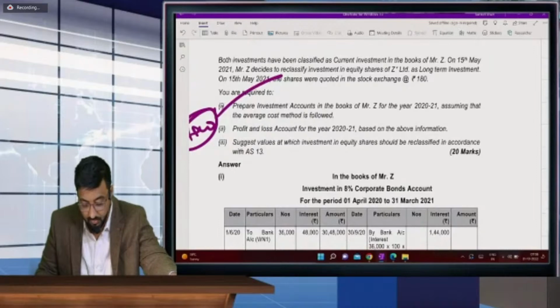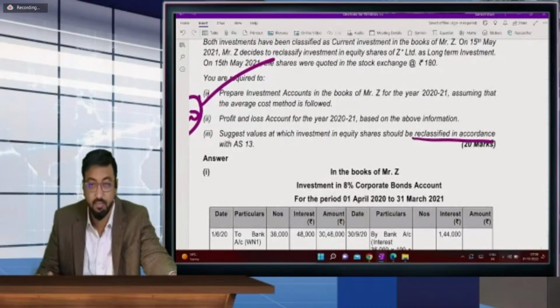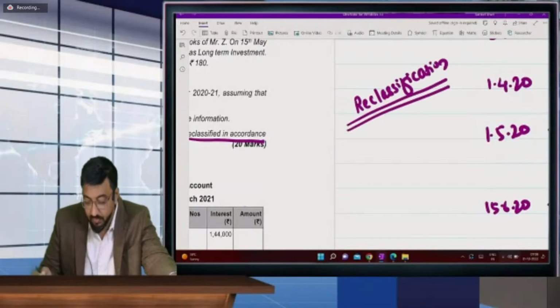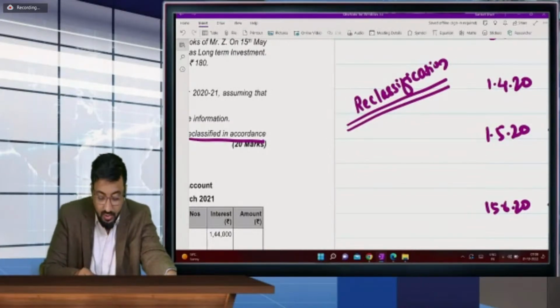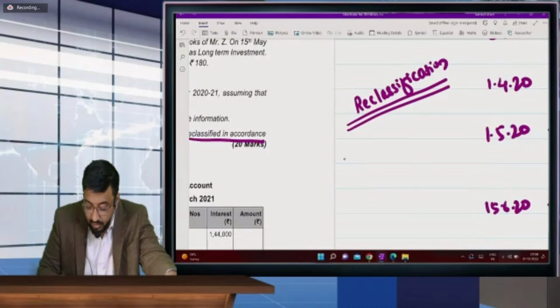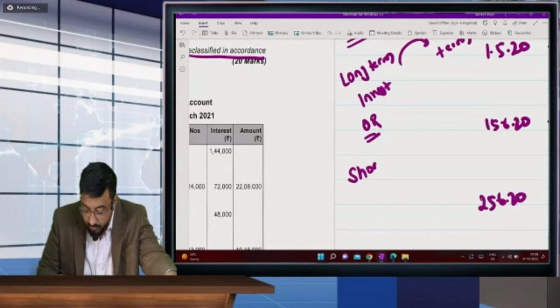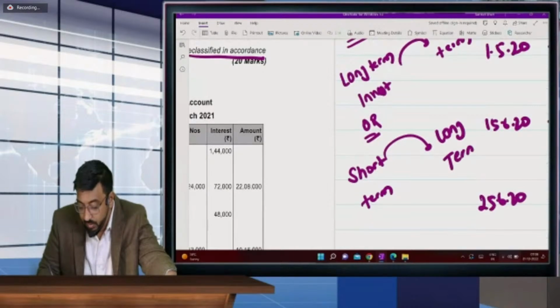Reclassification. Anyone who will tell me the provision for reclassification? Reclassification means from long-term investment you shifted to short-term, or from short-term you decided to convert into long-term.